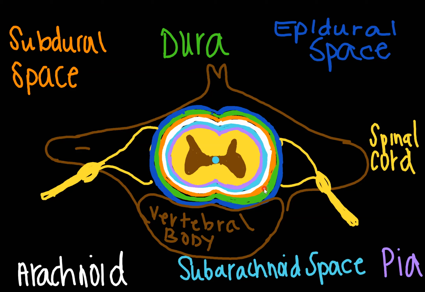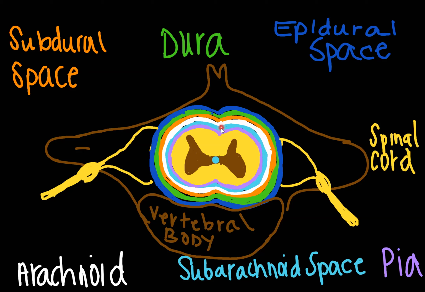Just after the subdural space, we will find the arachnoid mater, and that's indicated in white here. Just deep to the arachnoid mater, we'll have the subarachnoid space, subarachnoid meaning below the arachnoid mater. And the subarachnoid space is where we will find cerebrospinal fluid circulating.